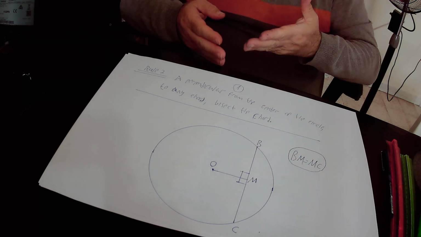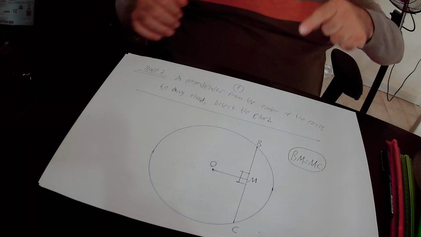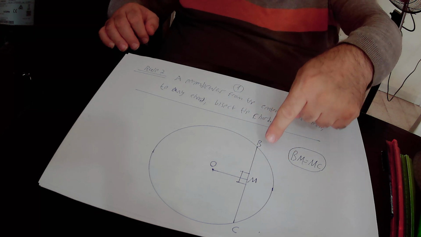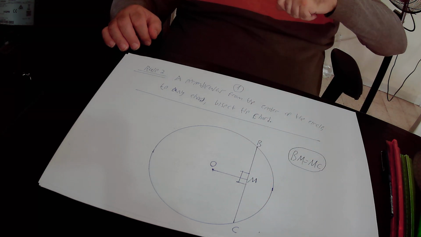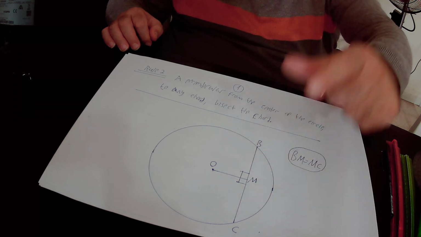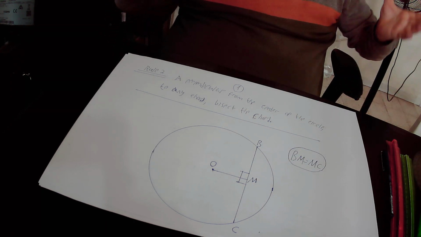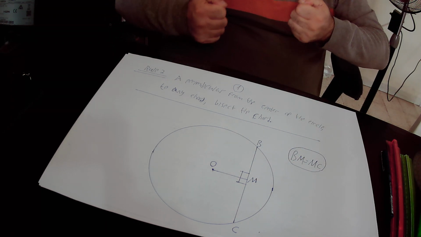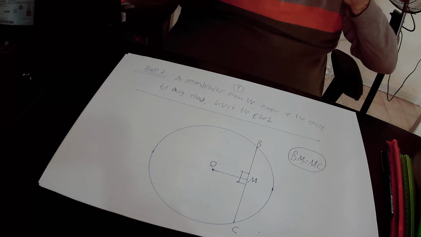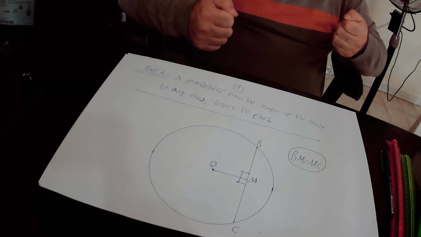According to this rule, the perpendicular OM bisects chord BC. That is to say, BM equals MC.